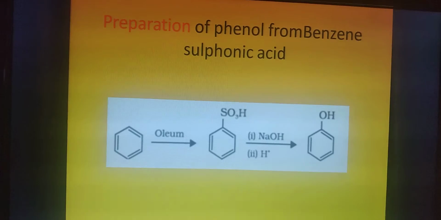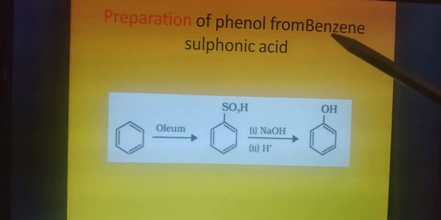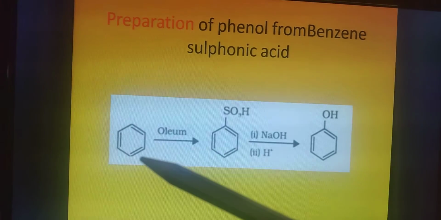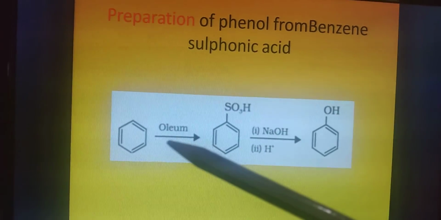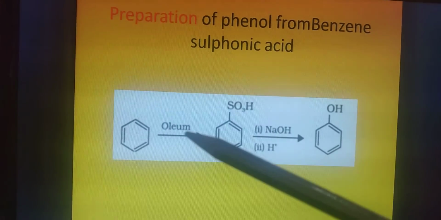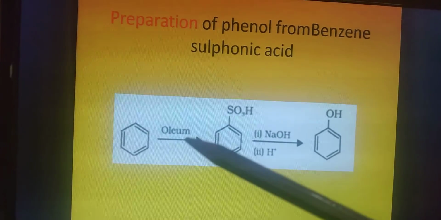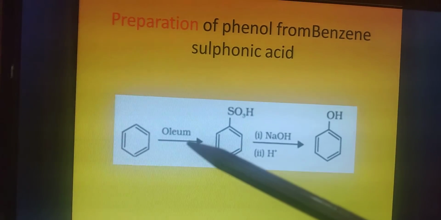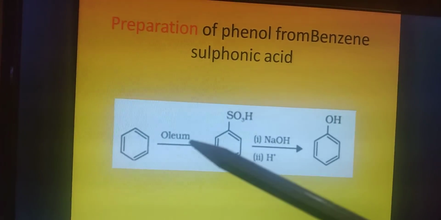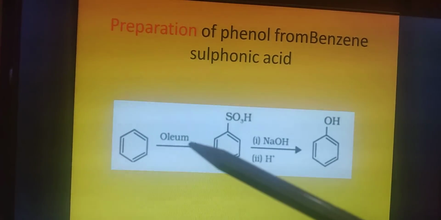Next, preparation of phenol from benzene sulfonic acid. So first benzene reacts with oleum. Oleum is a mixture of HNO3 and H2SO4, and H2S2O7 is the formula of oleum.